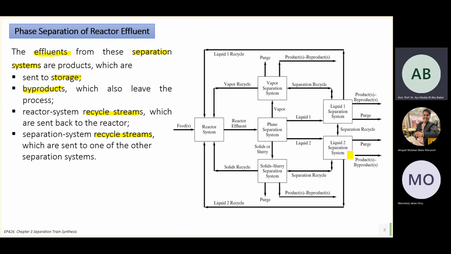So from this liquid separation system, perhaps you have some solid or slurry here. So you recycle to the solid slurry separation system. From here, perhaps this is your product or byproduct. Then the remaining solid, if it is useful for the reaction, then recycle to the reactor system.